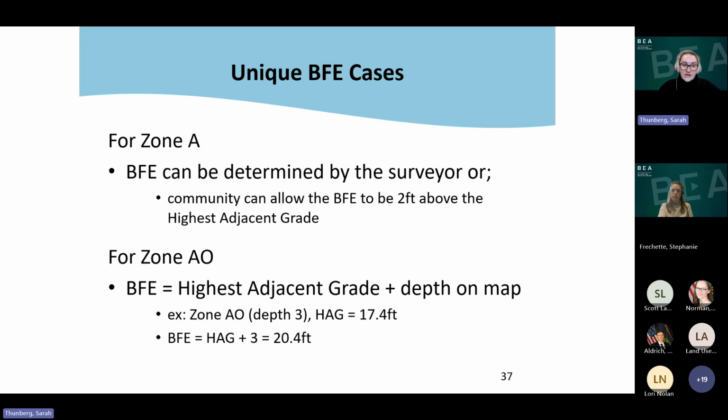But if they did not determine a BFE, or if you're not requiring an elevation certificate for the construction, you still need to make sure that the construction is above the BFE. So you can also determine that the BFE is 2 feet above the highest adjacent grade for development within Zone A.